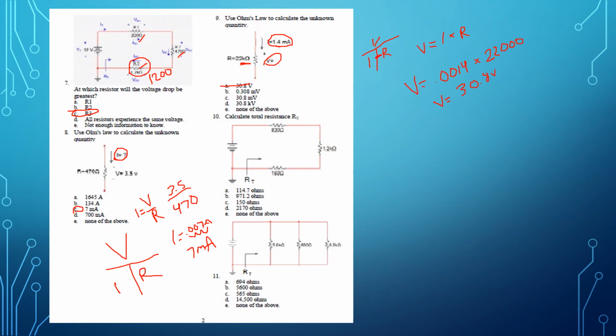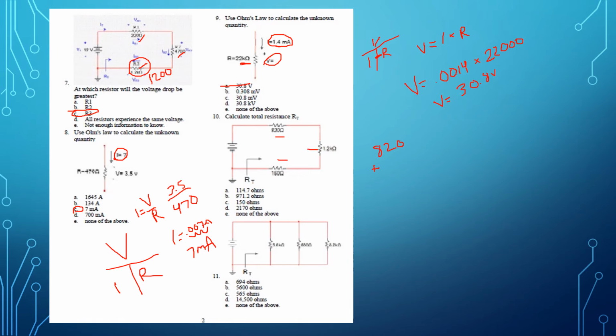10. Calculate the total resistance. So in this one, you're looking for the R total. Actually pretty simple in the series circuit. All you have to do is add these three resistors together. It's kind of hard to see, again, from the screen, but you look at it on your paper. The first one is 820 ohms. And then you just add the next one, which is 1.2 kilo ohms.